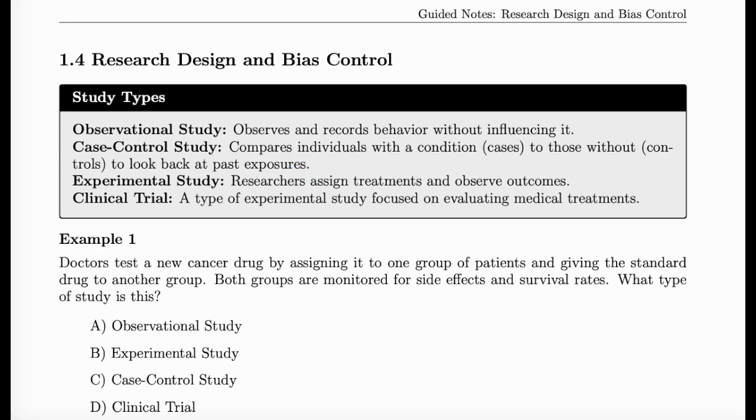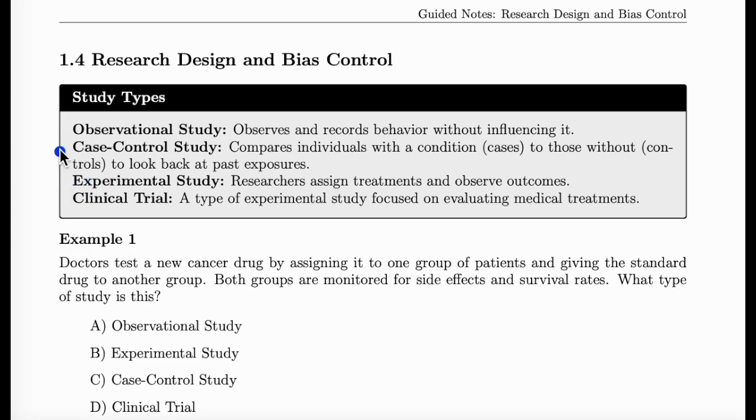So basically, we look back at what happened by comparing people with a condition and those without a condition. So a case control study is basically an observational study where we observe, but we're looking at different groups for comparison.